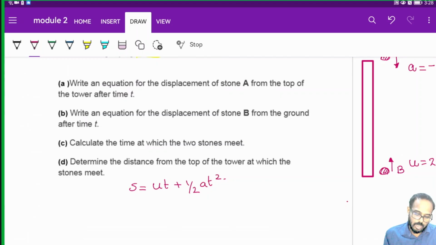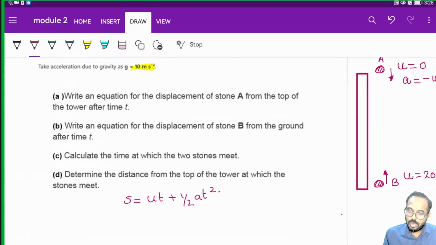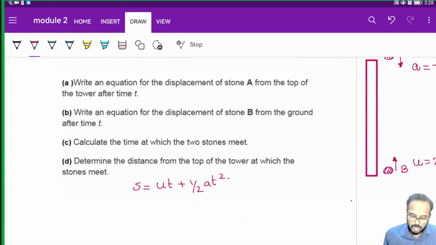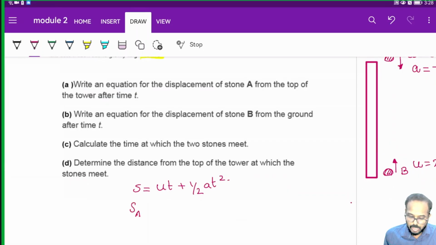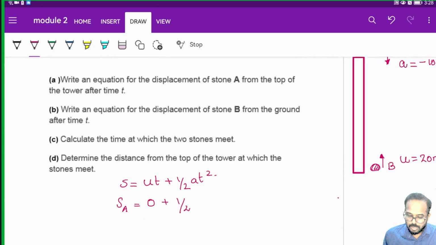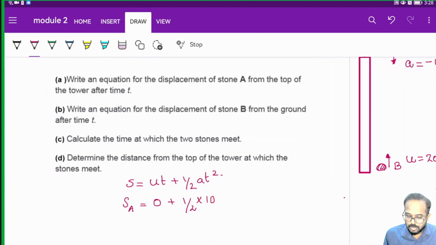You need the displacement of stone A. So I will write S of A equal to initial velocity 0, so ut will become 0, plus half into a, which is minus 10 meters per second square, into t square.